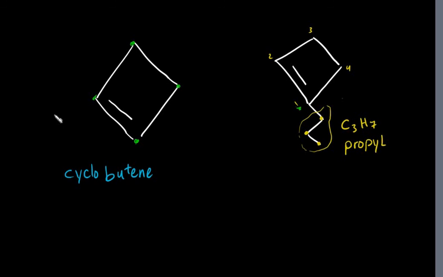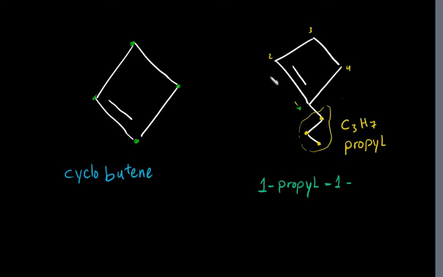It is in number 1, so it will be 1, then dash, then propyl, then another dash, then the double bond is between 2 and 1, so we'll take the minimum number, and it is 1.